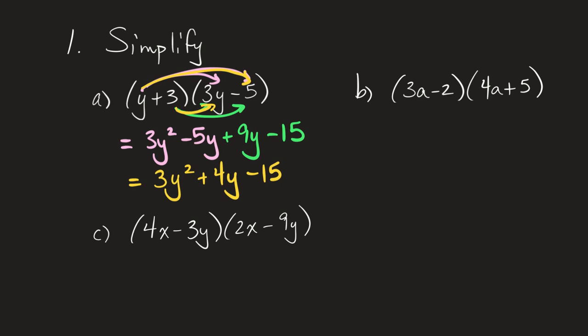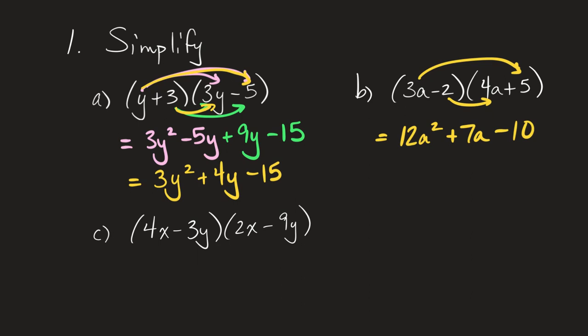So the goal is, can we get to that point where we are expanding in one line? So we can take a look at B. For B, I should be good to expand my first terms, and there's my 12a squared. I notice that I'm going to get a terms and a terms, so I've got 15 of them, minus 8 of them is a positive 7 of them, and then finish expanding.